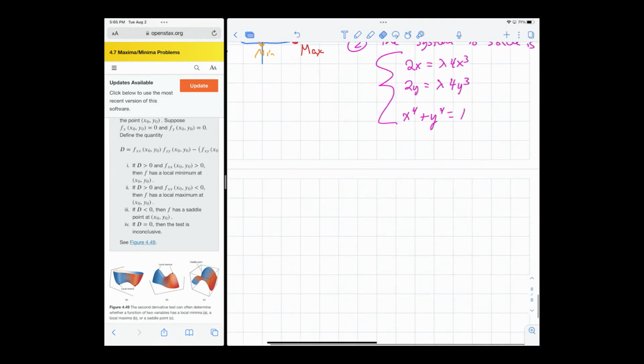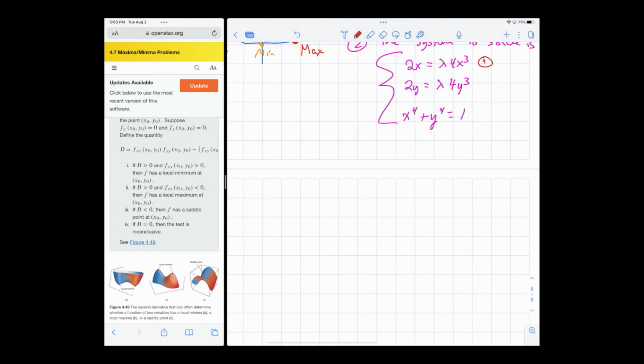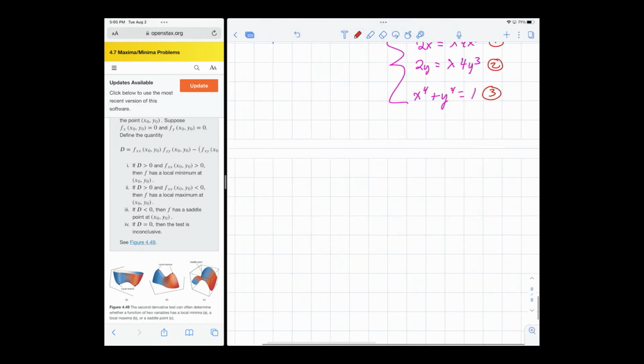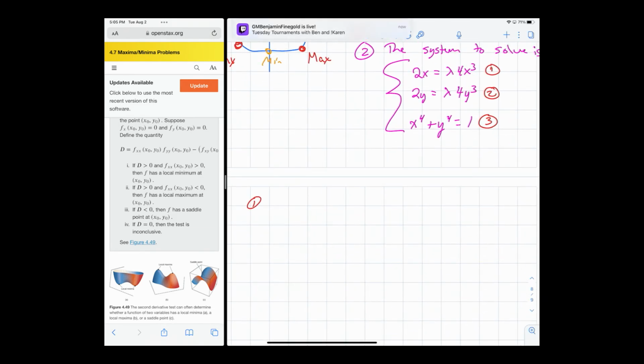So let me number them: 1, 2, 3, right? So for 1, you can just note that either x is 0, or 2 equals lambda times 4x squared.